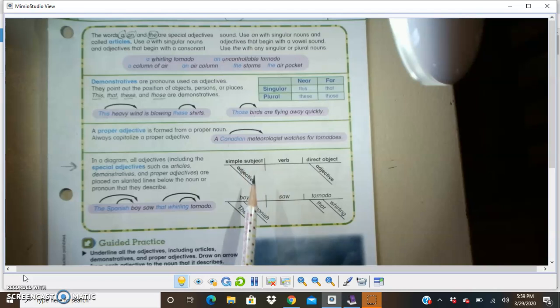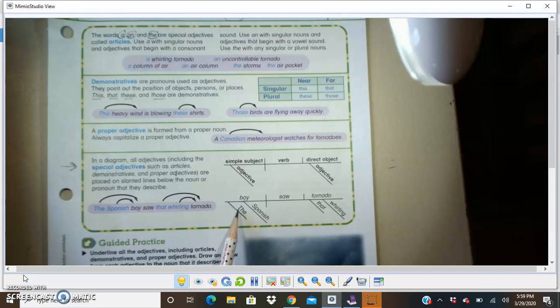The simple subject goes first. In this sentence right here, the Spanish boy saw that whirling tornado. You ask yourself, who is really the subject? It's boy. So what do I do with the word the in Spanish, Miss Alks? Well, the is an article and it's an adjective. It's a special adjective. We put it at a slant underneath the simple subject.